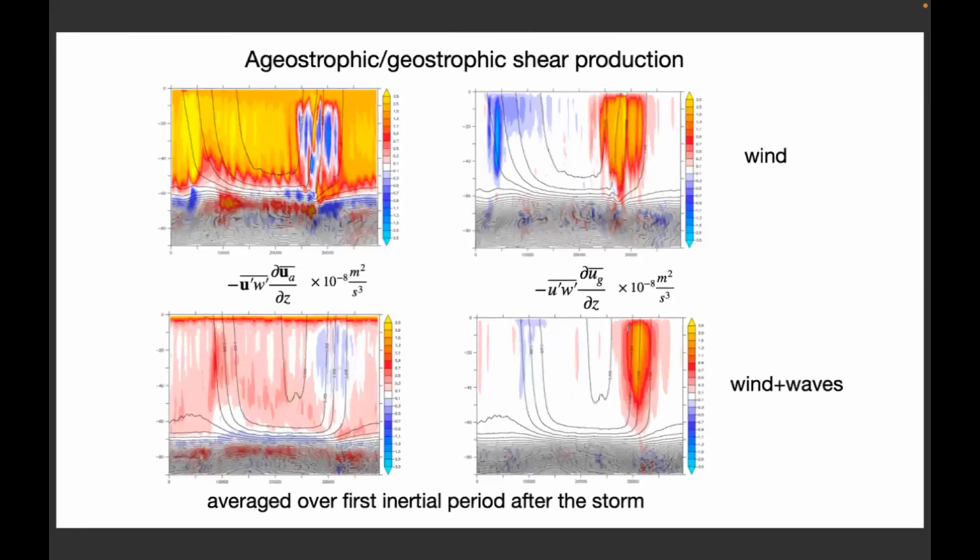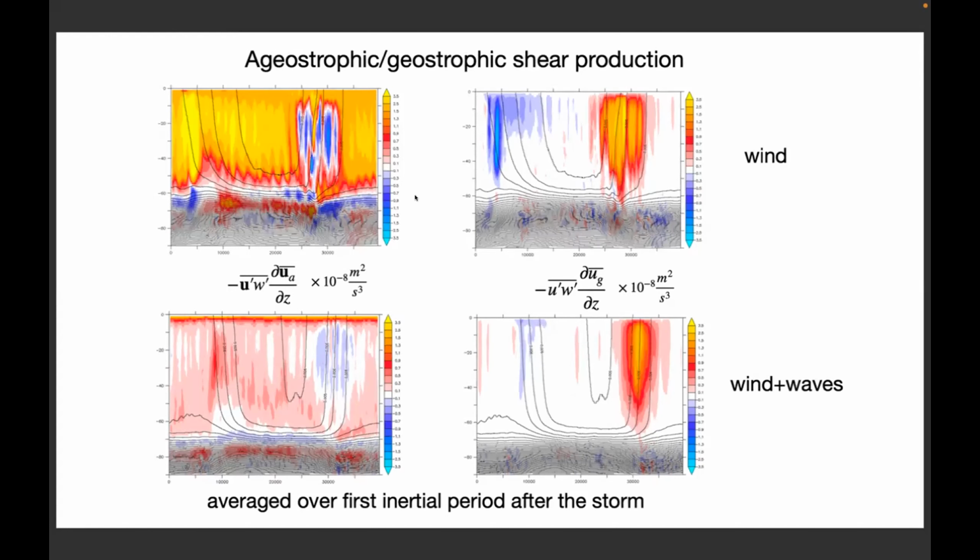If we split up the TKE production term into ageostrophic production and geostrophic production, you see in the wind case, very strong, the scale is not even linear, so very strong ageostrophic shear production in wide areas in the wind case, and then a maximum of geostrophic shear production here on the northern side, the northern jet.